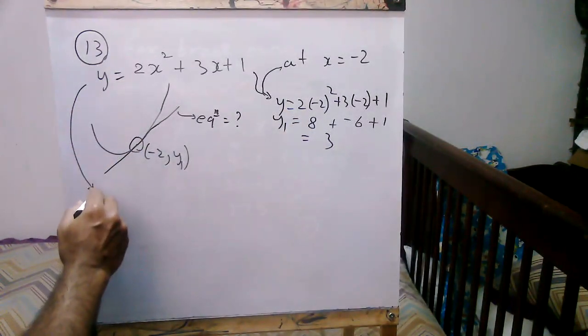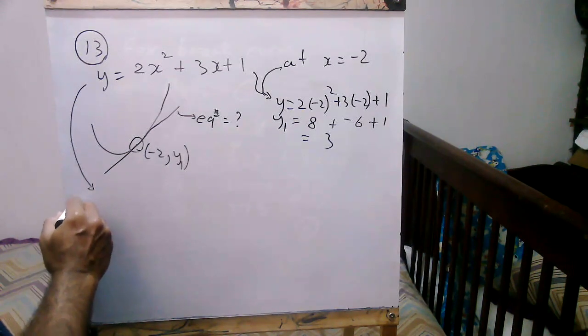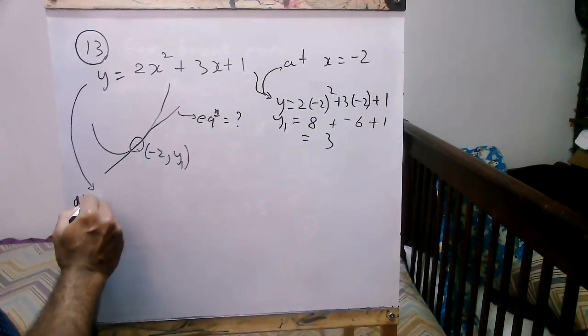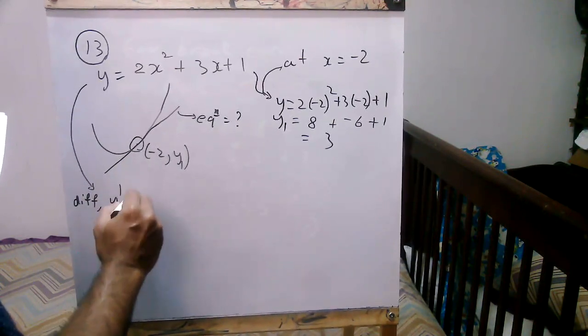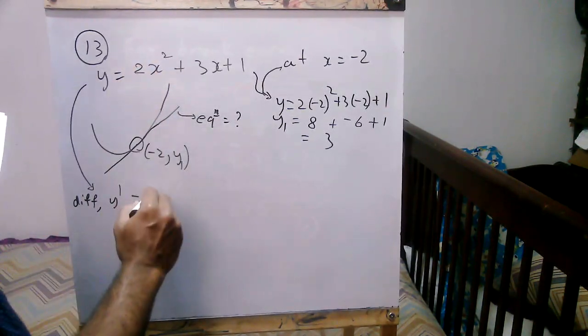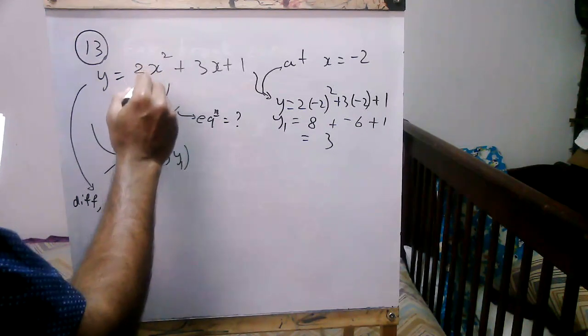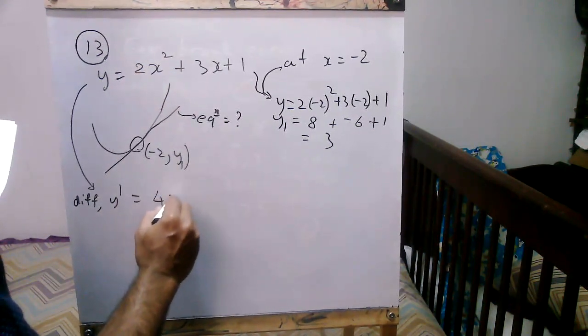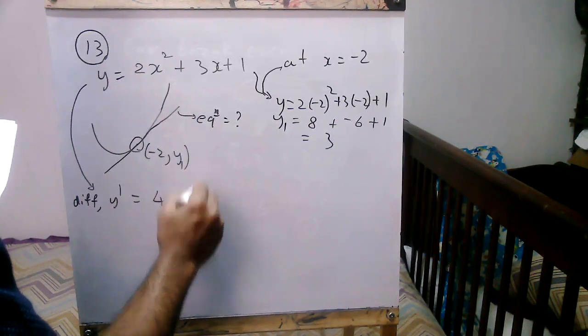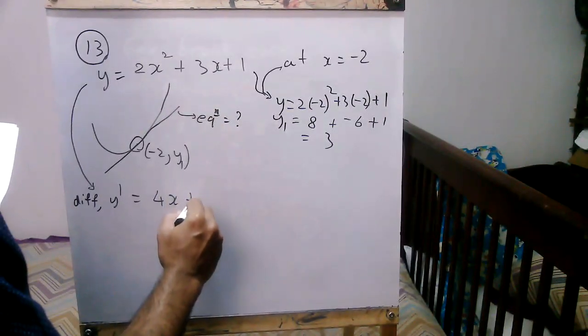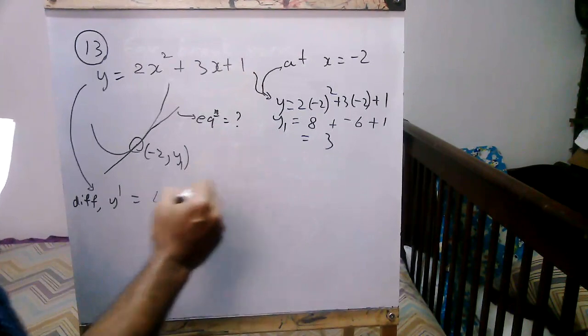We can differentiate this. Differentiating, we get y prime equal to 4x, the 2 comes to the front, 4 times x to the n minus 1, plus 3, derivative of 1 is 0.